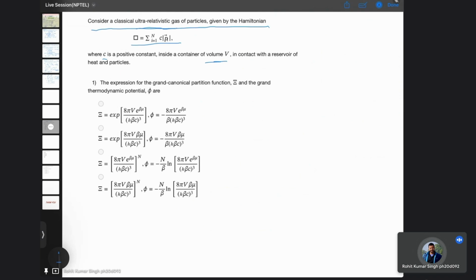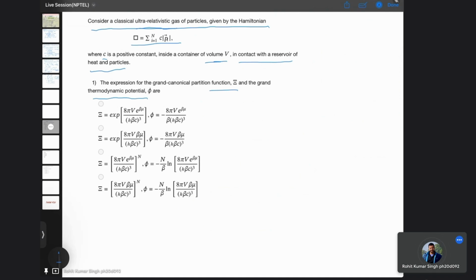And it is given that it is in contact with a reservoir of heat and particles, so it can exchange energy and particles. So right away you know that you need to use the grand canonical partition function for this problem. The question asked is the expression for the grand canonical partition function and the grand thermodynamic potential.